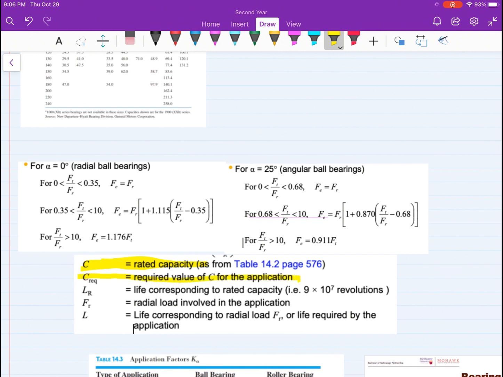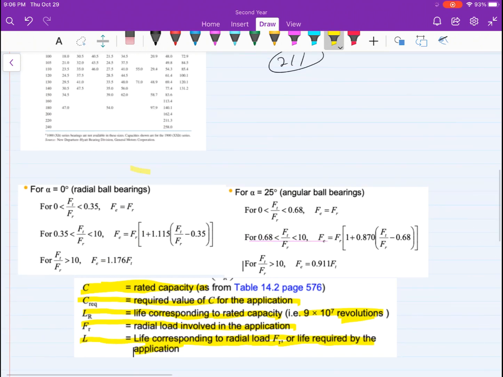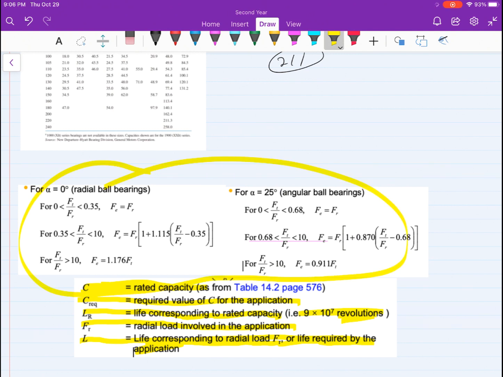C required is the required value for C for the application. LR is a lifetime corresponding to the capacity, in revolutions. FR is the radial loading involved in the application. L is a lifetime corresponding to radial loading, FR, or life required by the application.